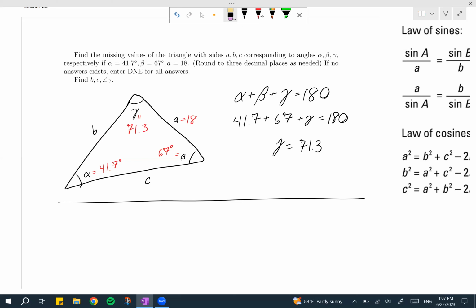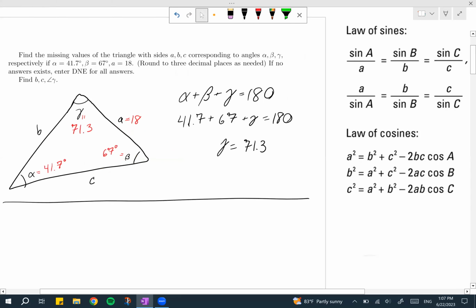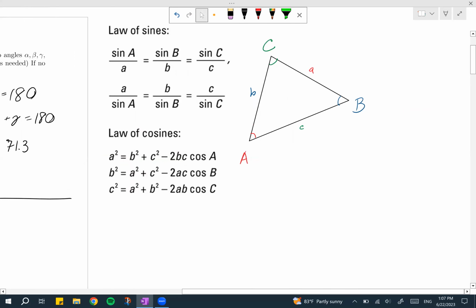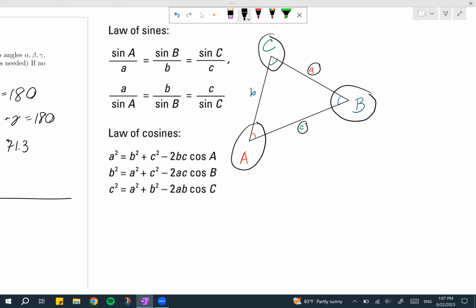We can use the law of sines to get our missing values. The law of sines basically says if you take the sine of an angle divided by the opposite side, it's going to be equal to the sine of angle C divided by the other side, which is equal to the sine of angle B divided by side little b.